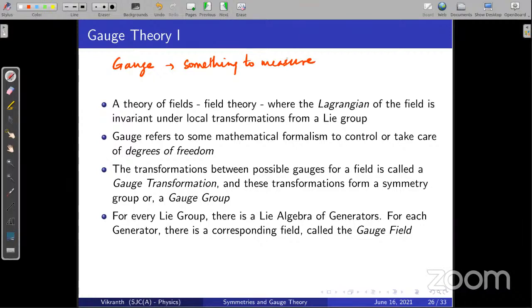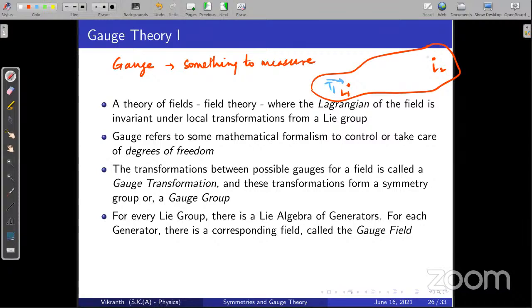We also talked about what local symmetries are, right? So if I have a field here, a random field, and I have a Lagrangian at some point over here, let's call it L1, and I have another Lagrangian L2 over here, okay? Now a gauge theory, what it does is whatever transformation that I apply here, let's call it T1, this entire Lagrangian is to remain invariant.